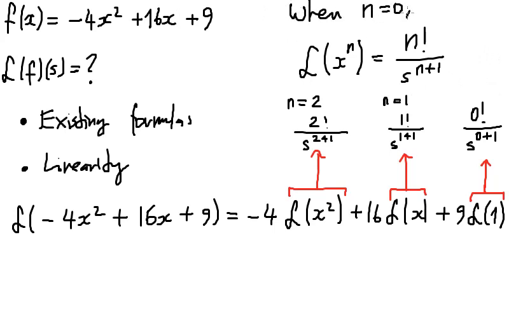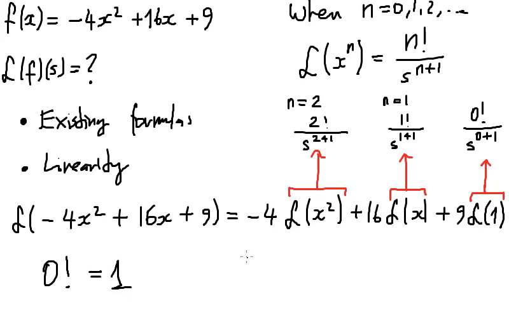When n is 0, 1, 2, and so on, in all of these cases, the Laplace transform of x to the power n is given by this formula. Of course, when n is 0, 0 factorial needs to be defined, and it is defined. 0 factorial is equal to 1. In case you didn't know, 0 factorial is equal to 1.